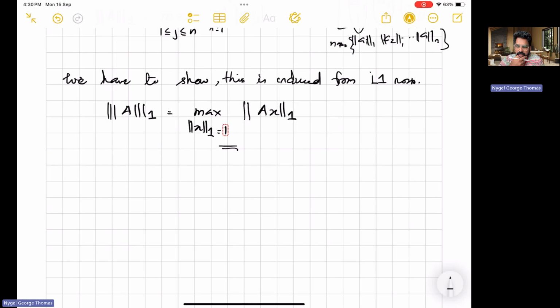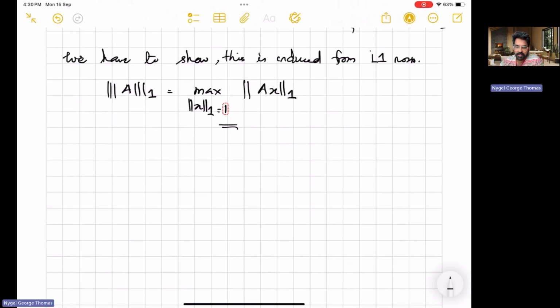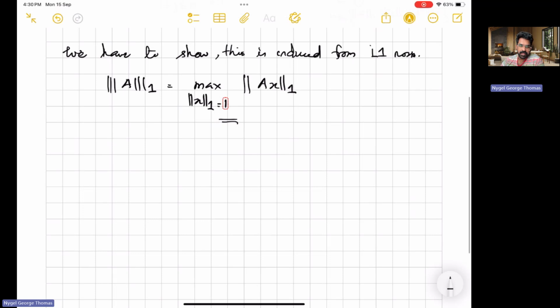The proof includes a few tricks. There are two aspects of the proof to show that this is equal to the max of this. There are two parts we have to prove. Okay, let's look at the first part. For that, we let A equal to a1, a2, etc., an.